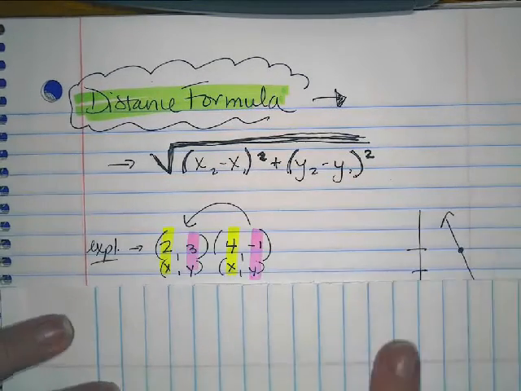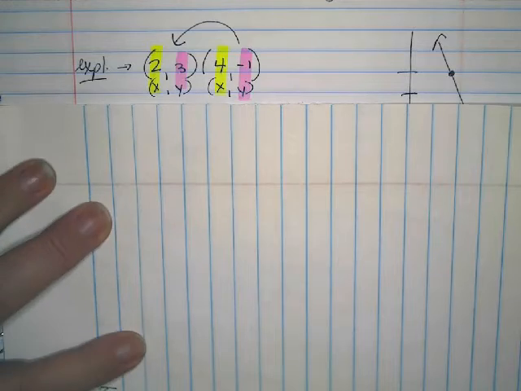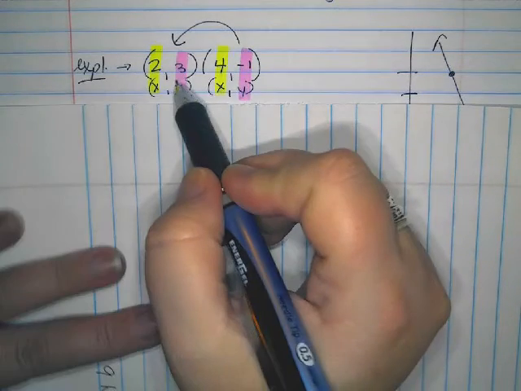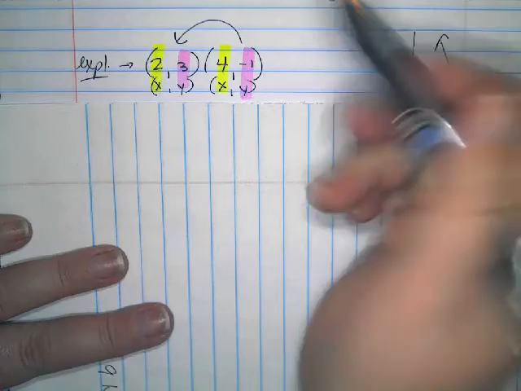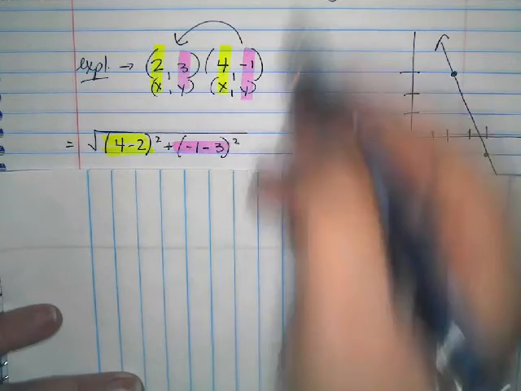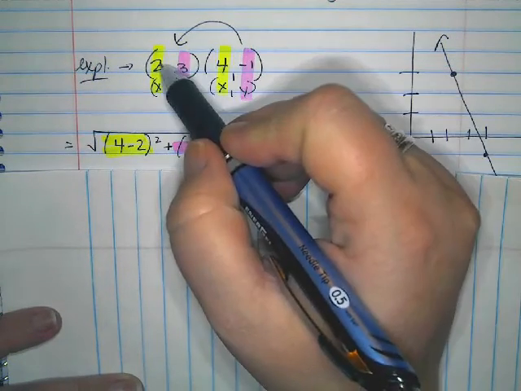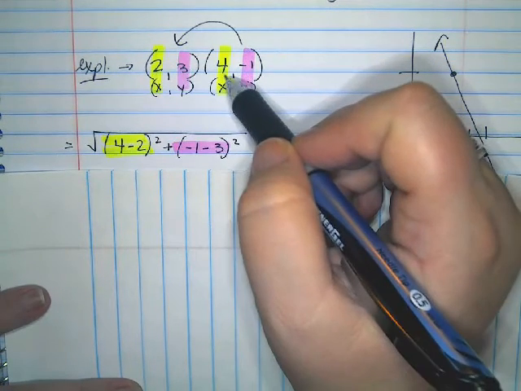So here is an example that we're going to put into our notes. The example is the points (2, 3) and (4, -1). I chose to do my x's here, taking 4 minus 2. I could have taken 2 minus 4, but I chose 4 minus 2.